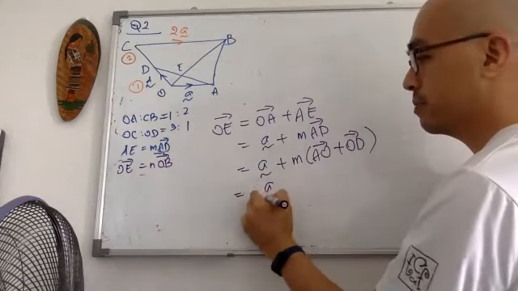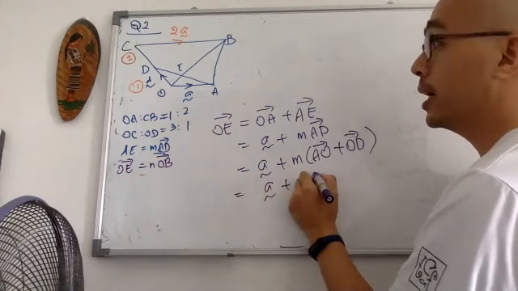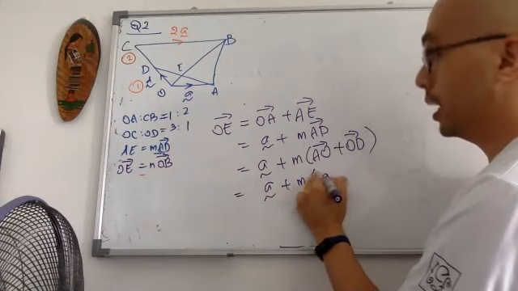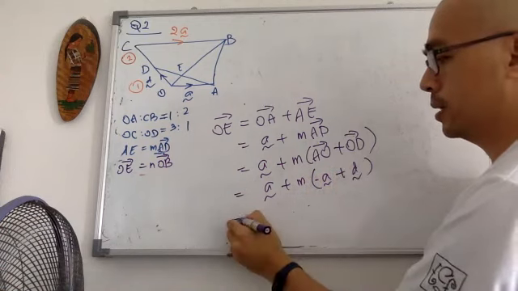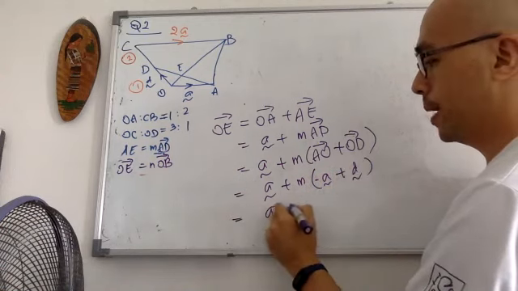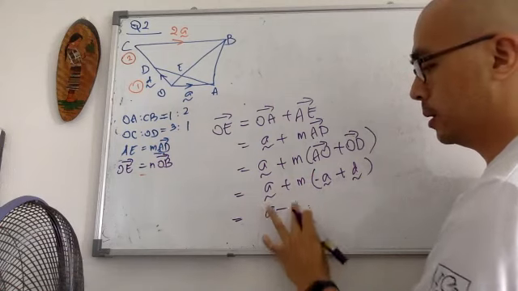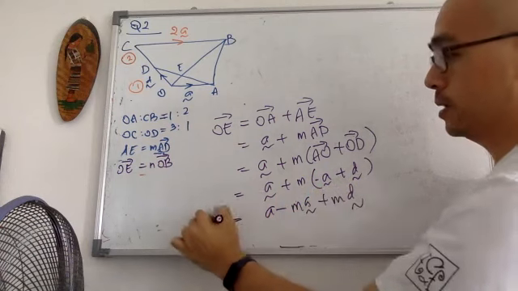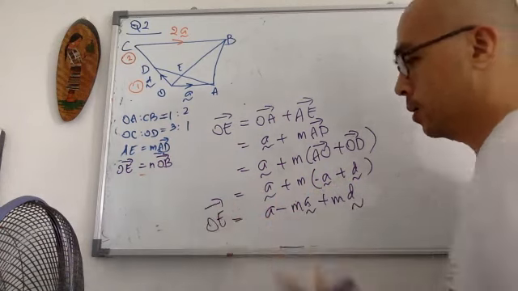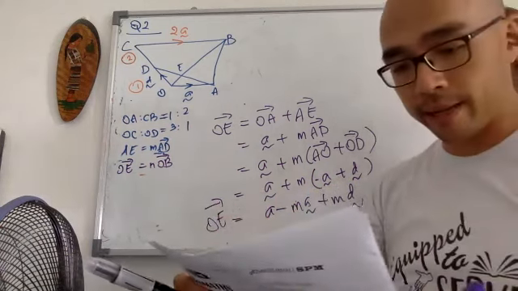This still doesn't give us much. AO is negative A plus OD is D. So this would be A minus MA plus MD. This would be OE. Wow, how do I put the N inside?